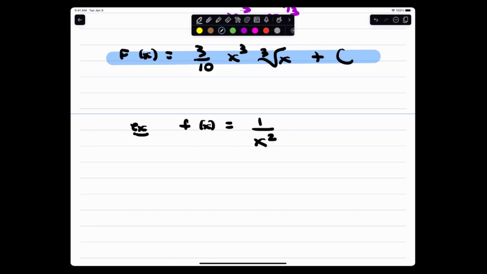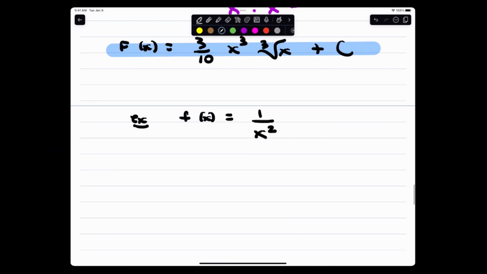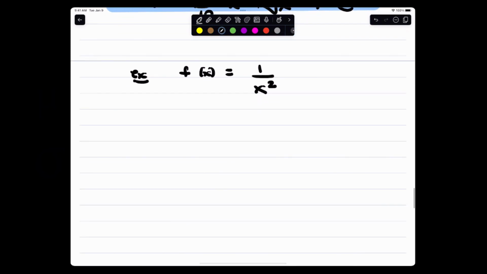All right, you guys okay with that? What does this become? X to the negative 2. Is that right? So what's your antiderivative going to be?